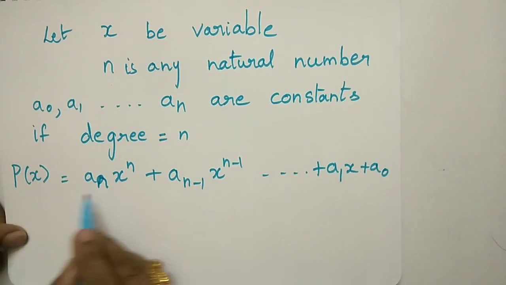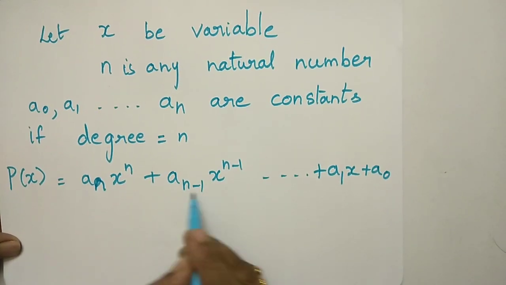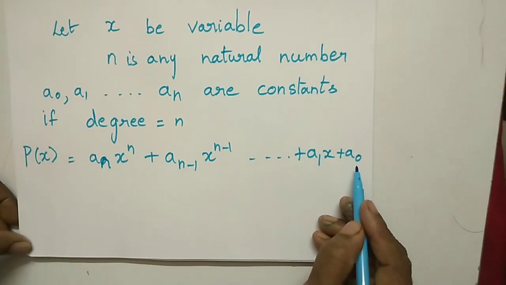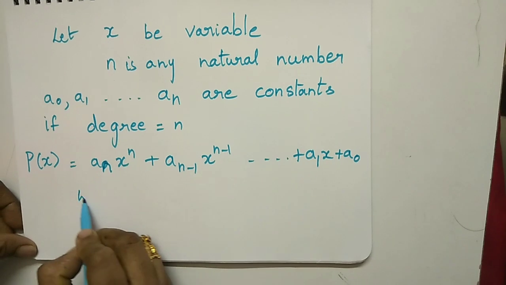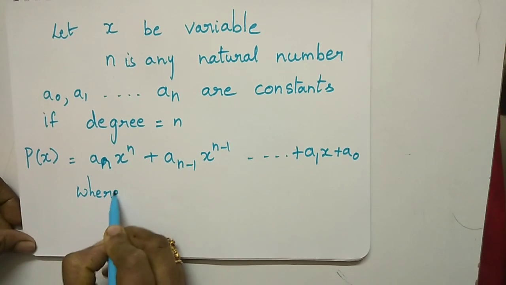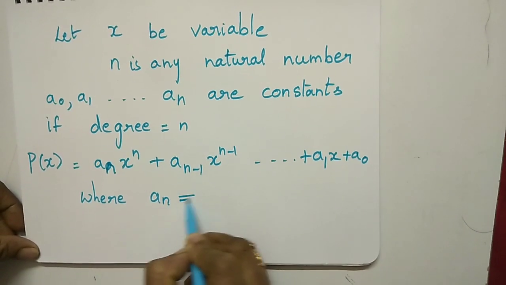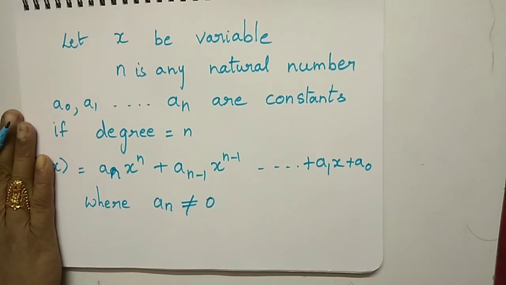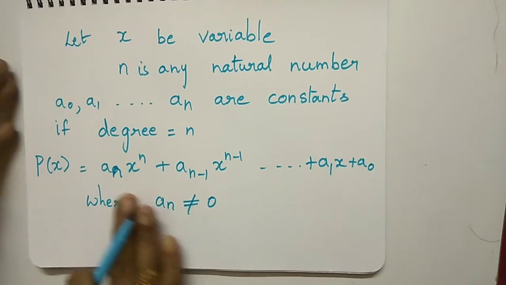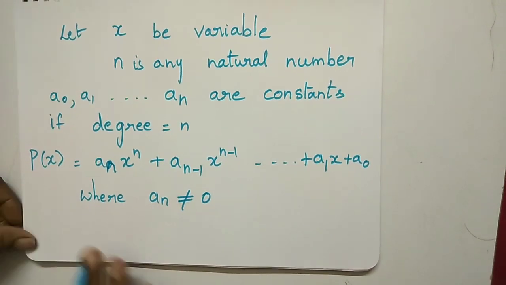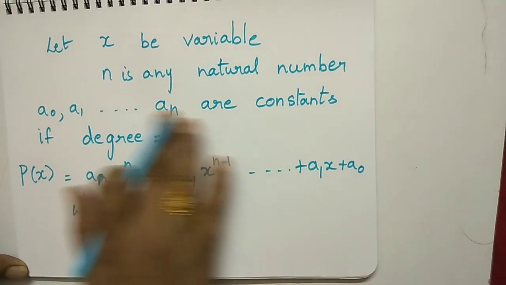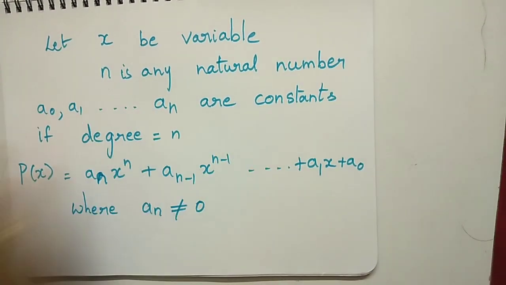P of x is equal to an x power n plus an minus 1 x power n minus 1, so on up to a1x plus a0, where an is not equal to 0, so that our algebraic expression is for degree n. This is the general algebraic expression for a polynomial of degree n.